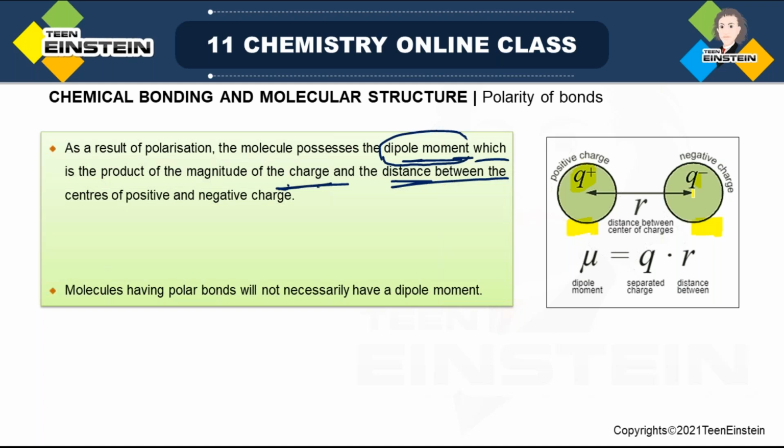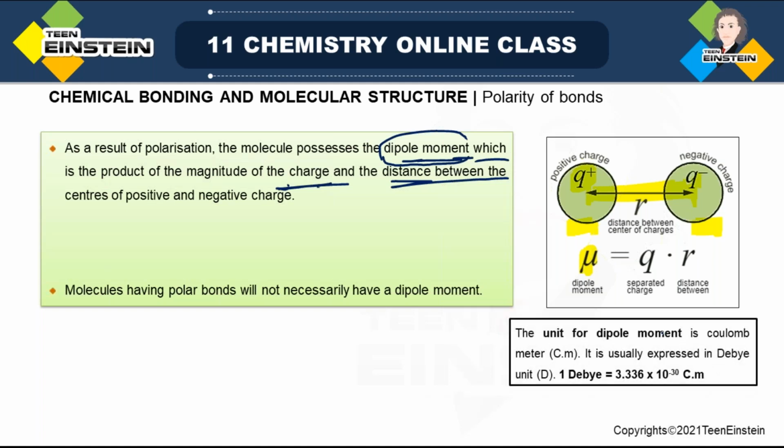But it is negative charge on the right hand side, positive charge on the left hand side. And the distance is the distance between the centers of these two atoms. So the dipole moment, which is denoted by this mu sign, mu, is equal to the charge Q, the separated charge, times the distance between them, which is here R.